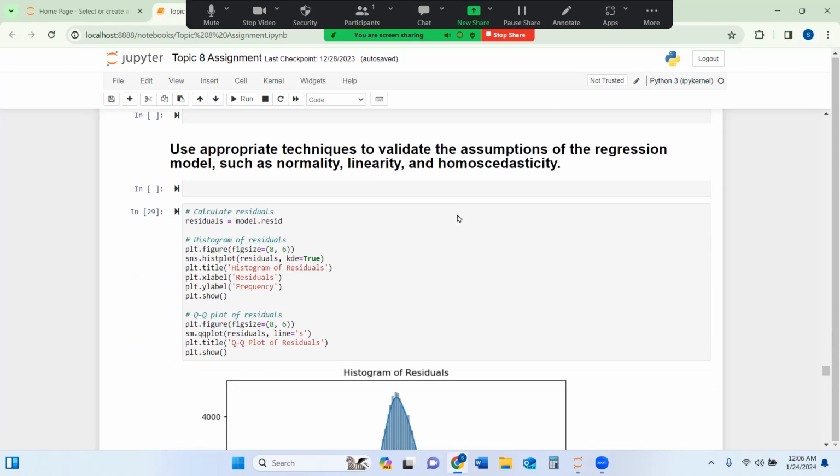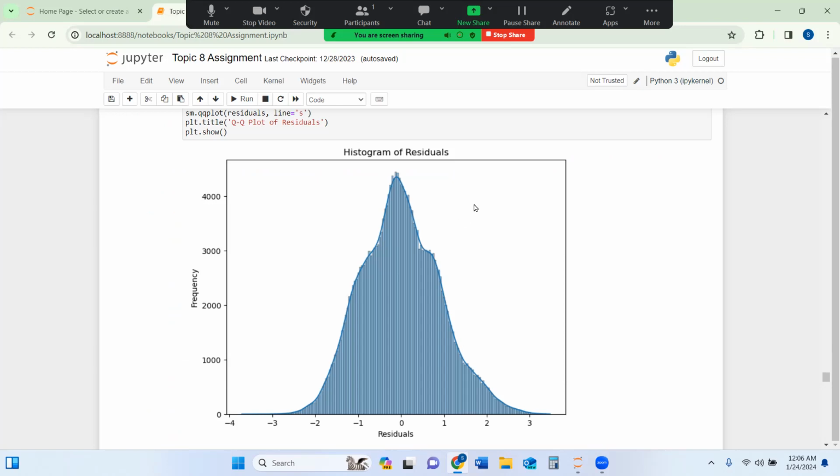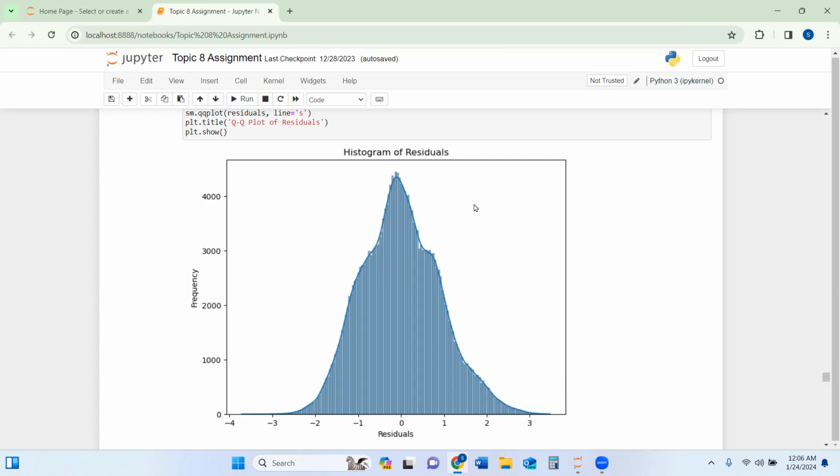For normality of residuals, this is the histogram of residuals, which shows roughly a symmetrical distribution. It resembles a bell curve, and this suggests that the residuals are approximately normally distributed.